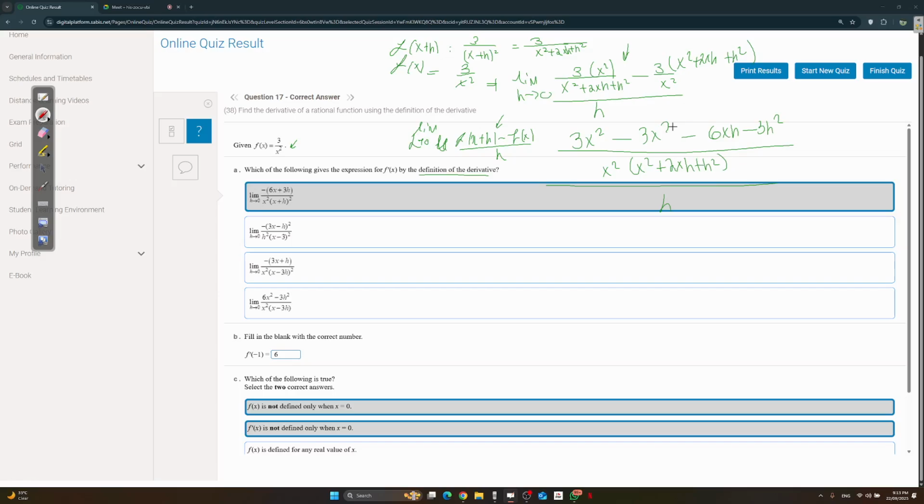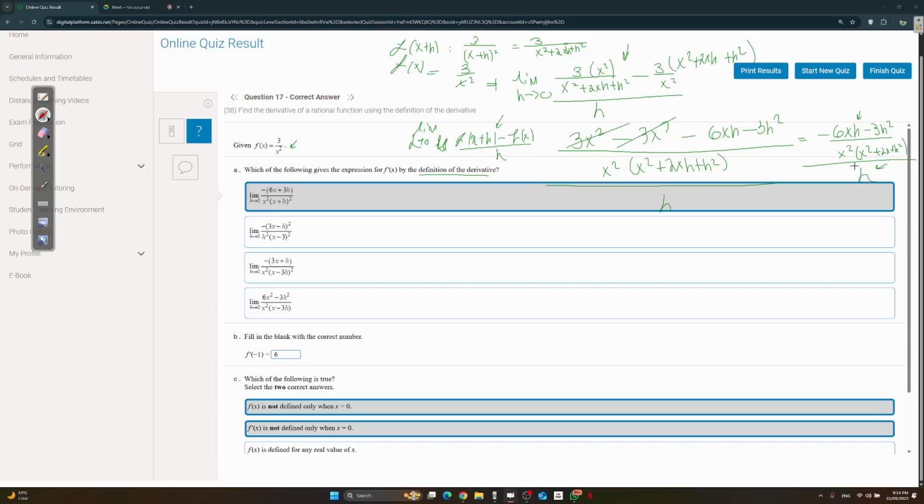Alright, let's cancel things. If we cancel that, you're going to get minus 6xh minus 3h squared over x squared plus 2xh plus h squared, all of this over h. We can cancel this by this. Or no, can we? Hold up. Oh, this was divided by this.